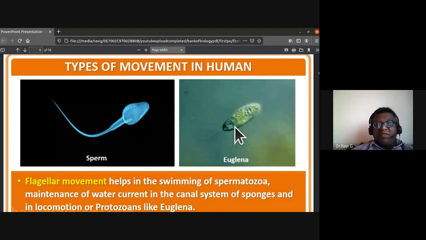Okay, sponges have choanocytes lining them. You know that the water current in the water canal system of sponges, and in locomotion of protozoans like euglena, they have this flagellar movement.